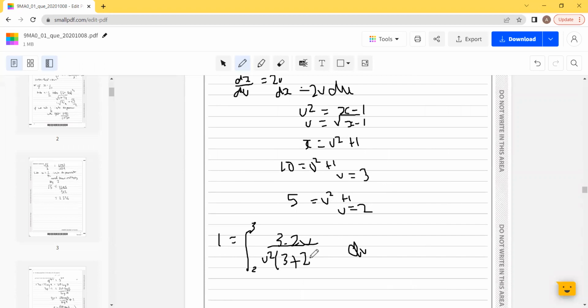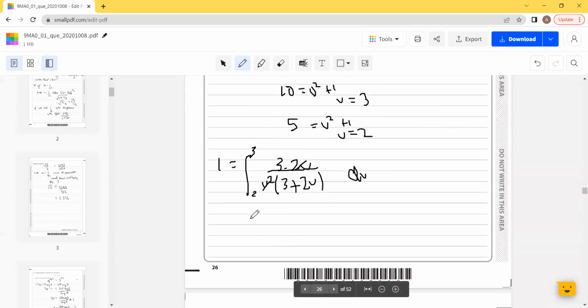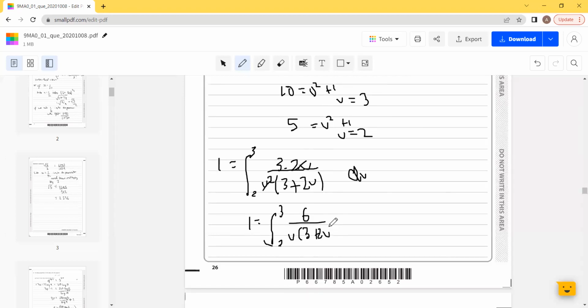Now if you cancel out the u and the u, this will become the integral between 3 and 2 of 6 over u times (3 plus 2u) du. So p is 2 and q is 3.